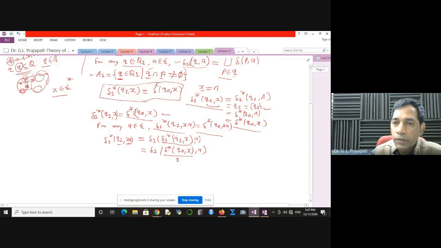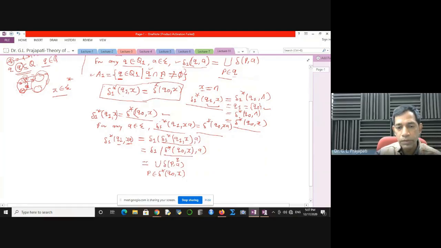So this can be the union of delta P, A, where P belongs to Q. So by the definition of the transition function of the DFA, this is equal to delta P, A, where P belongs to Q, and Q is actually delta star Q0 x.